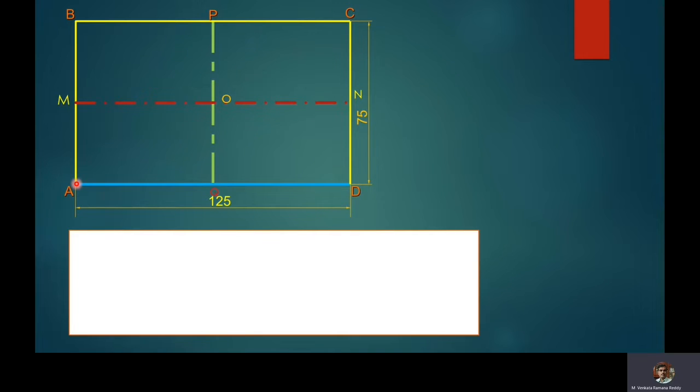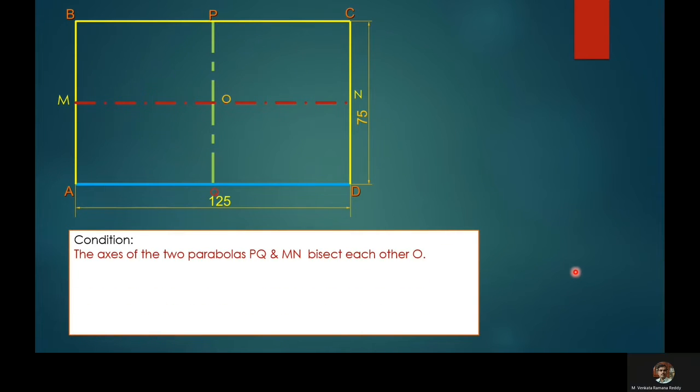That is, with AD horizontal as a base and PQ vertical axis, we have to draw one parabola, and CD base 75 mm as a base and MN 125 mm as an axis length, we have to draw another parabola, so that these two axes are bisecting each other at a particular point O.